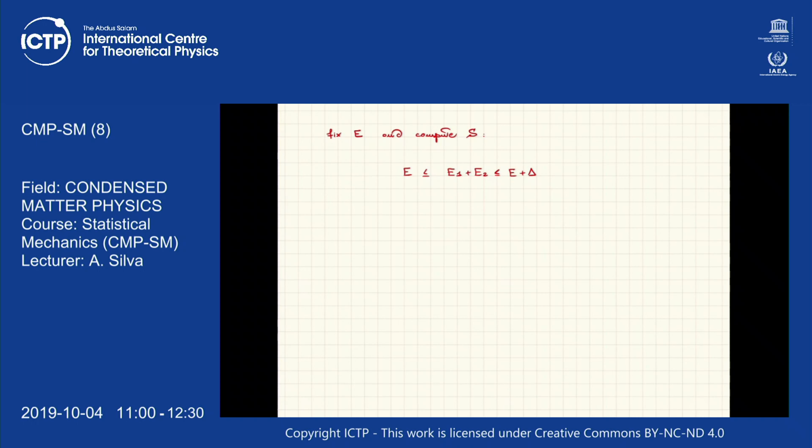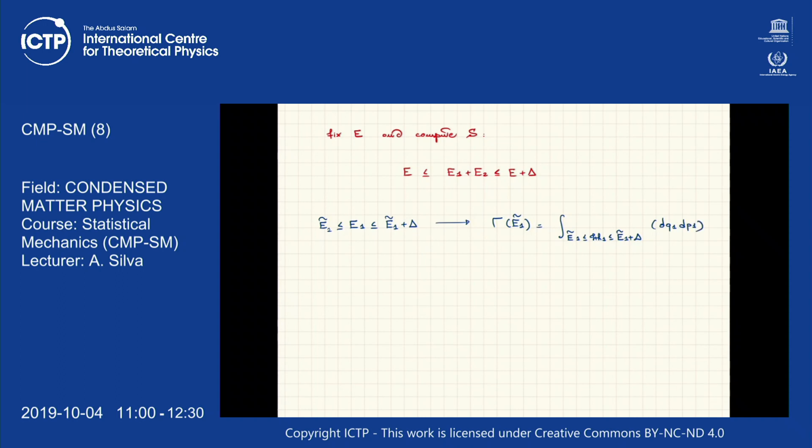But now the point is the following. If I fix the energy of volume 1, and I say this energy is between some E tilde 1 and E tilde 1 plus delta, then the surface in the phase space of 1, gamma of E tilde 1, is going to be equal to the integral for E tilde 1 smaller or equal than H, let's call it H1, the Hamilton function of 1, smaller or equal than E tilde 1 plus delta, dq1 dp1.